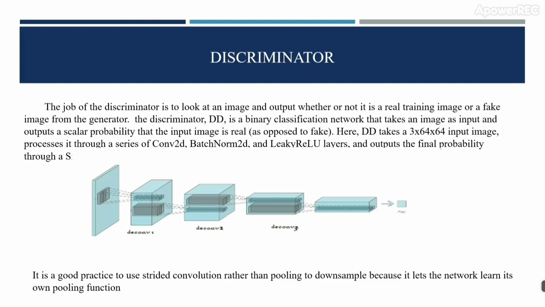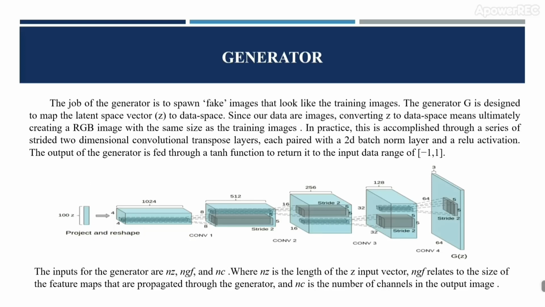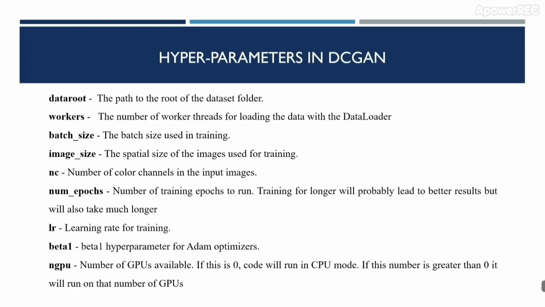This discriminator is a binary classification network that takes an image as input and outputs a scalar probability that the input image is real or fake. The discriminator network processes the image through a series of two-dimensional convolutional layers, two-dimensional batch norm layers, and finally leaky ReLU activation layers, and outputs the final probability.